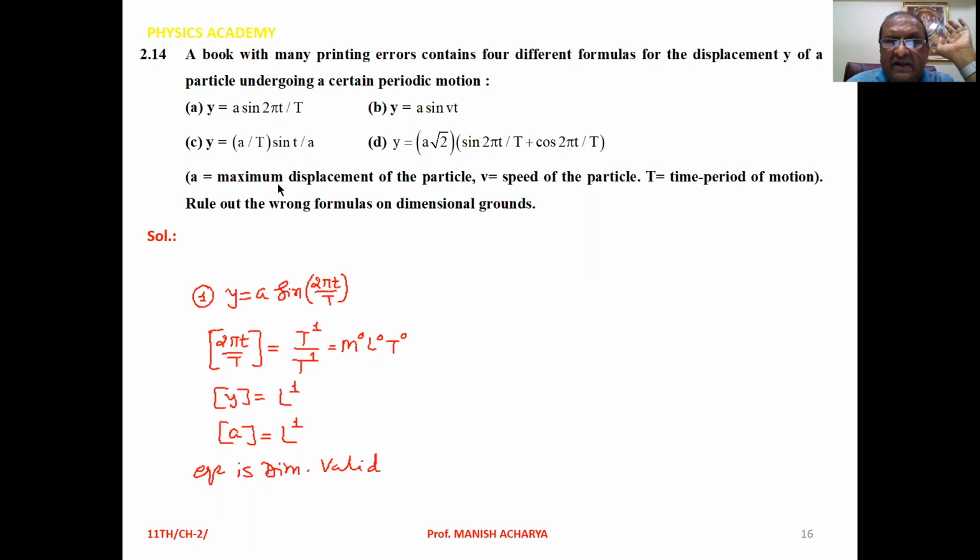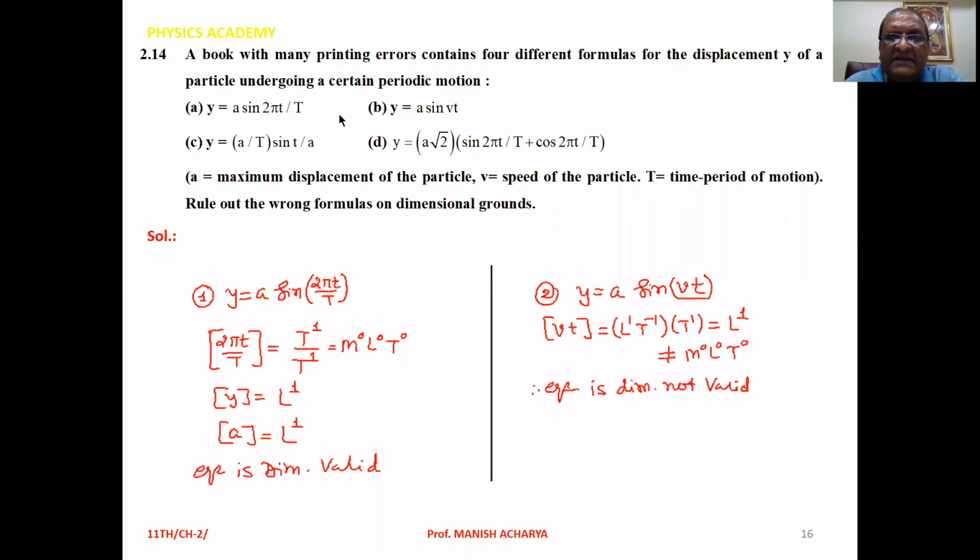And here a is the maximum displacement, after all it is displacement, so the dimension is also L^1. It implies that the dimensions of the left hand side and the right hand side are the same. So we can say the equation is dimensionally valid. Clear?